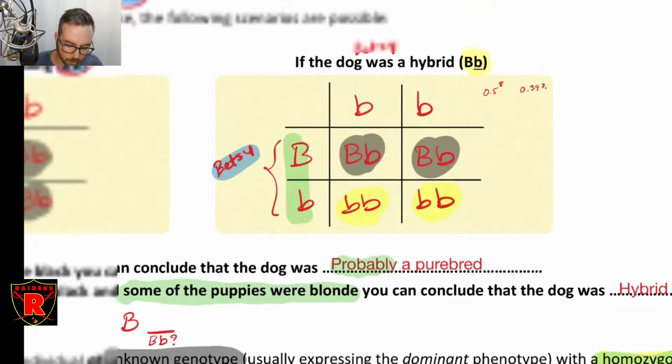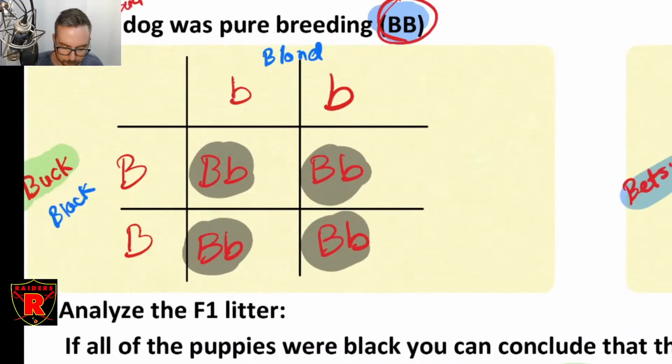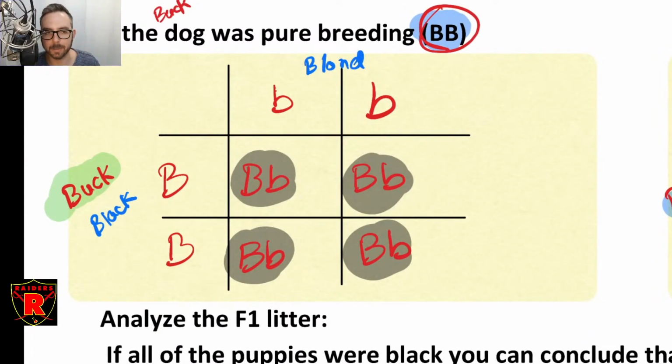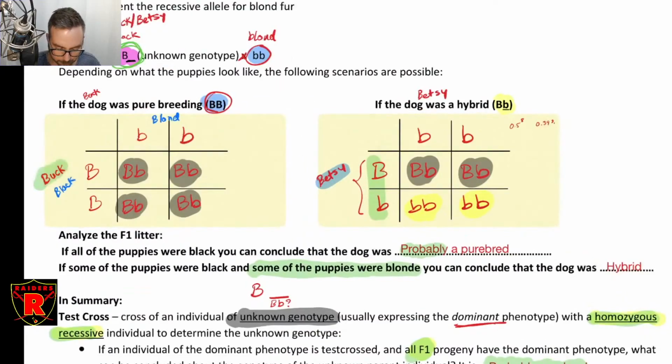Because no matter what, a purebred cannot make a homozygous recessive baby. It's impossible in this situation. So you'll never ever get a blonde puppy with a purebred. So if you see any of the recessive trait, then you don't have a purebred.